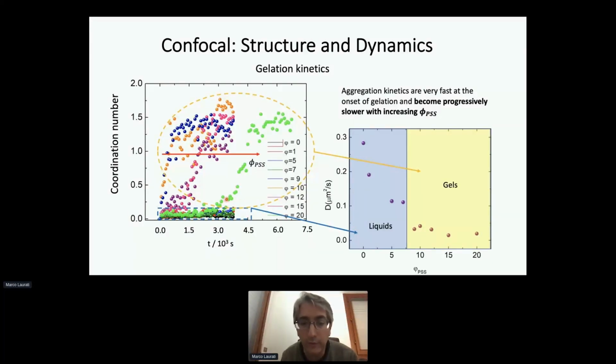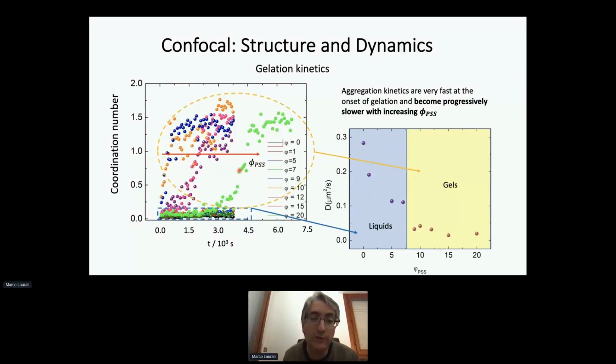So, of course, for the liquids, here we monitor the average coordination number as a function of waiting time. For the liquids, there is essentially no evolution, while for the gels, for the aggregate states, we find that there is, of course, an evolution with an increasing number as a function of time, but the interesting finding is that this kinetics becomes slower and slower with increasing PSS content.